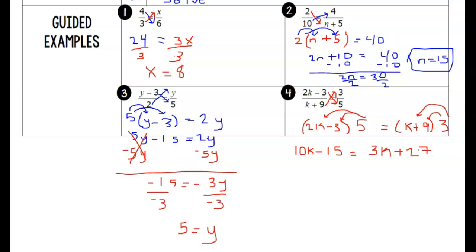And then we have to do the same thing we were talking about before. I got to get my k's together and get these numbers together. First, let's get the numbers together.